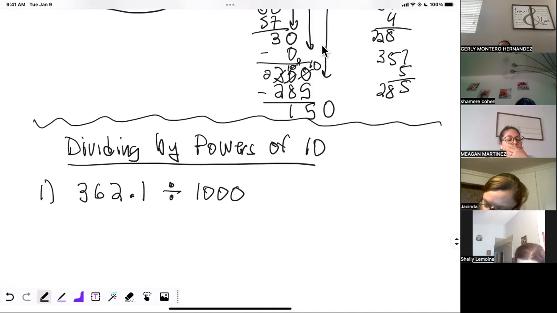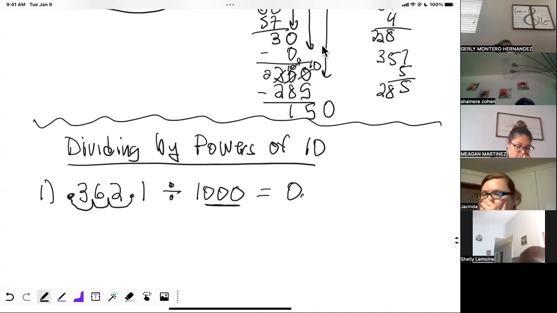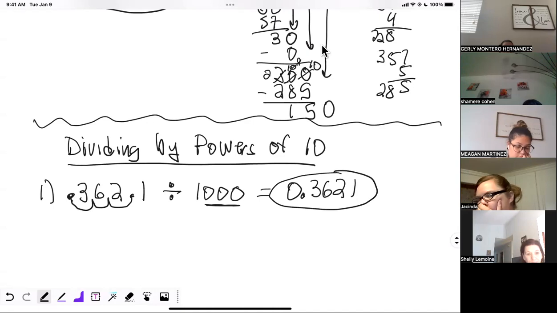By how many? Well, there's 3 zeros. So I'm going to be moving this decimal place 3 places to the left. It's going to be a much smaller number. This is my new decimal place. So my answer is going to be 0.3621. So you have to think opposite of multiplying. Multiplying makes it bigger.